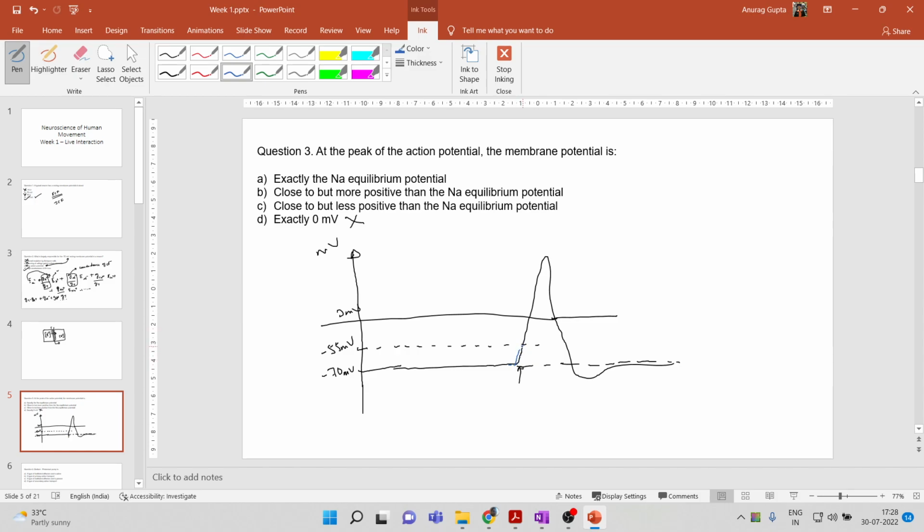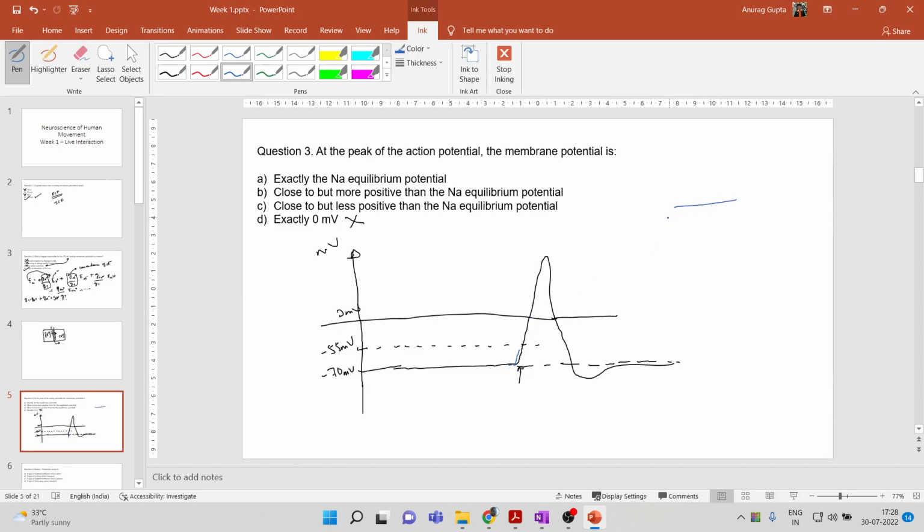And if that graded potential reaches threshold, then voltage gated sodium channels open up. So when voltage gated sodium channels open up, the conductance of sodium increases.